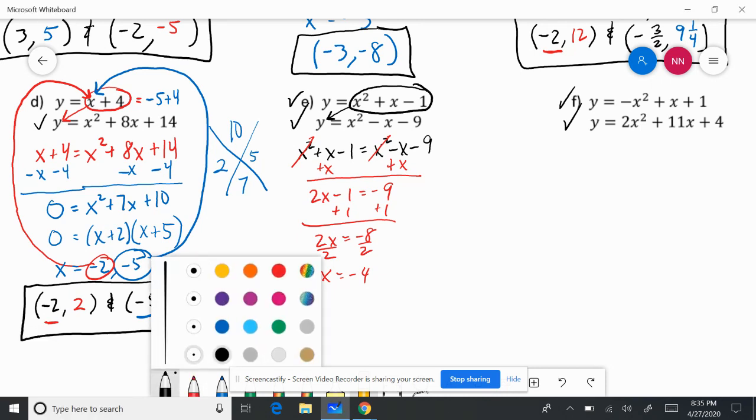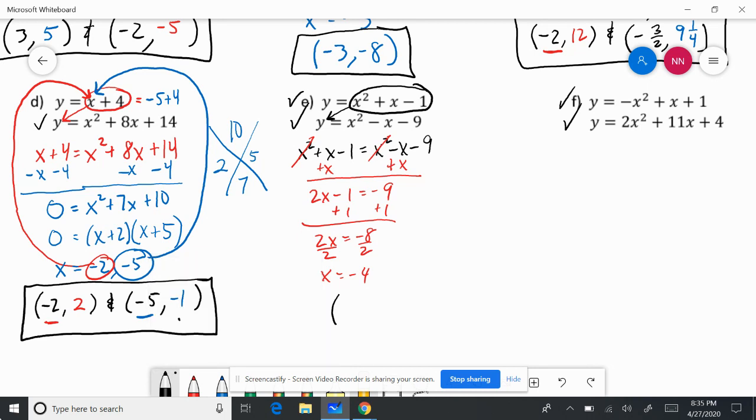Remember, our goal is to get an ordered pair. So the ordered pair is -4 and some number. So what I'm going to do is take the -4 and plug it into one of my equations. To me, the top one looks a little bit easier.